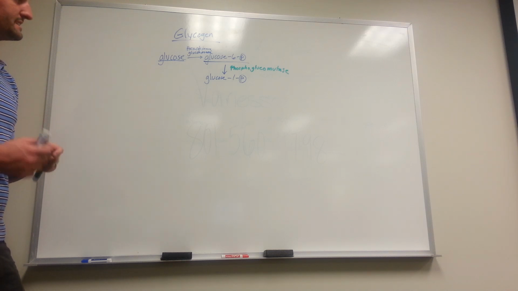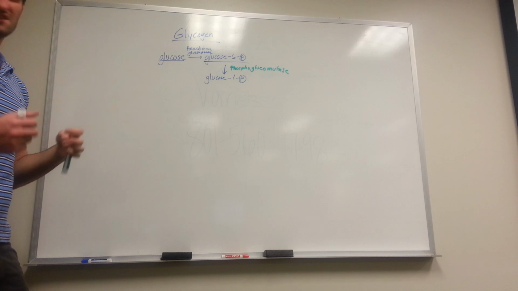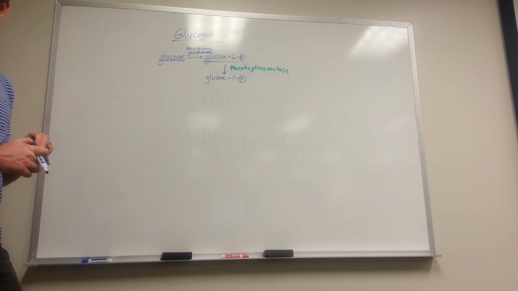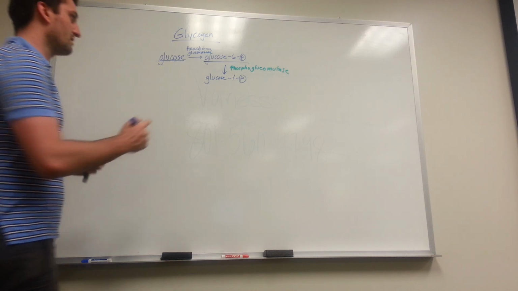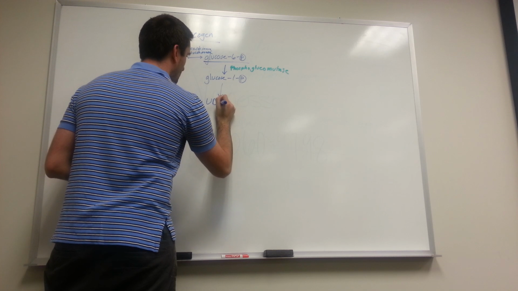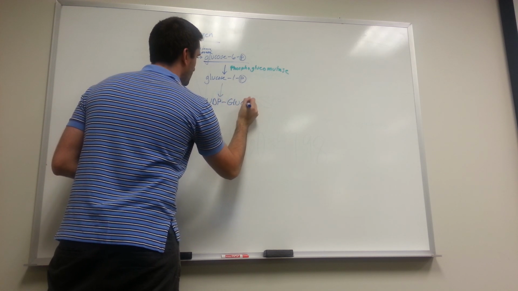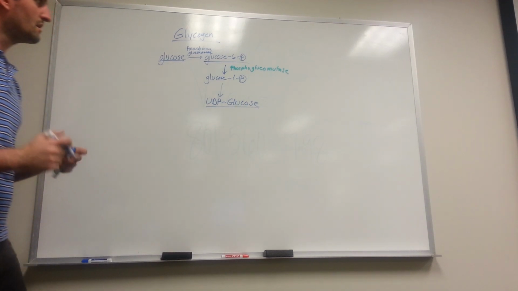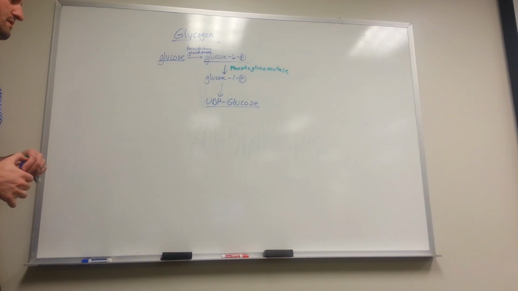However, the next step is going to be a little more difficult to understand. We're going to convert this glucose 1-phosphate into a UDP glucose molecule. Well, how are we going to get that UDP glucose?